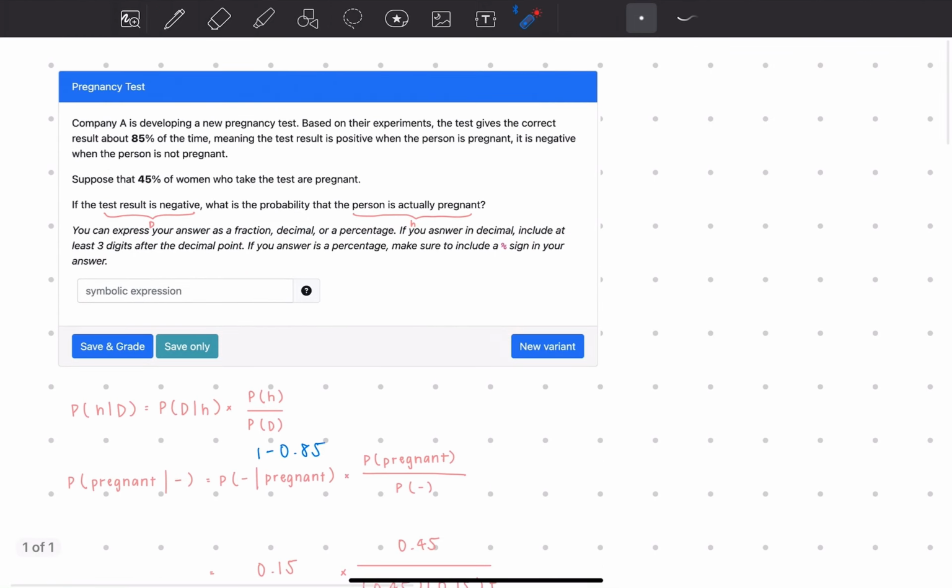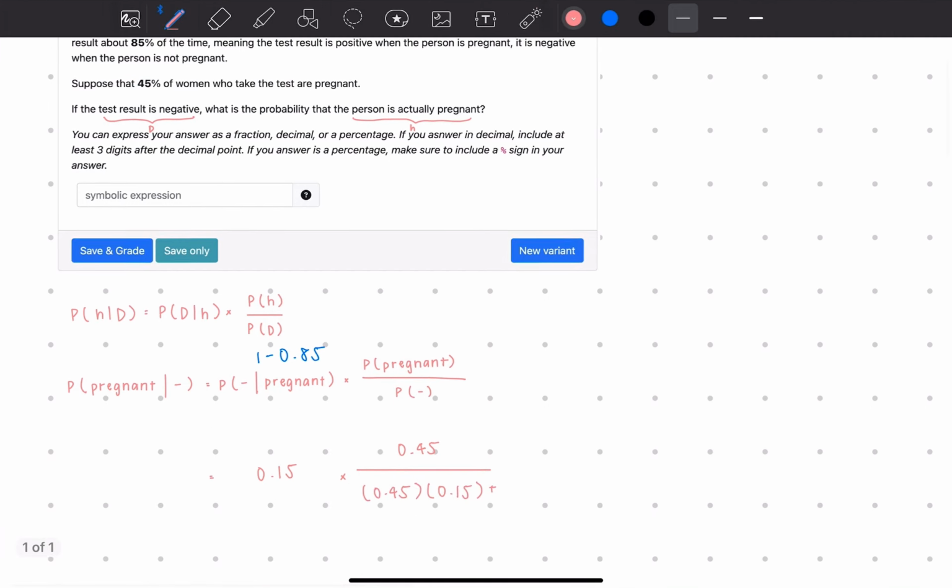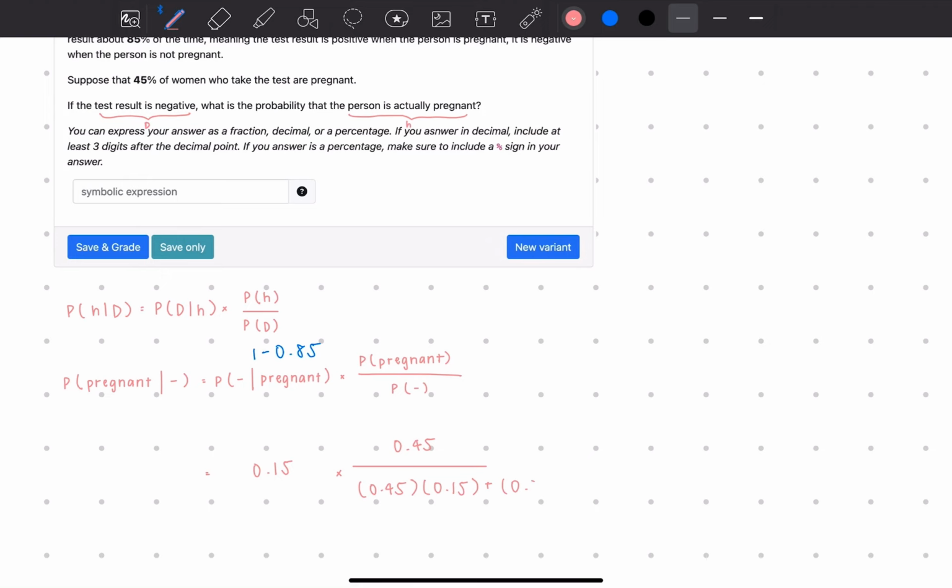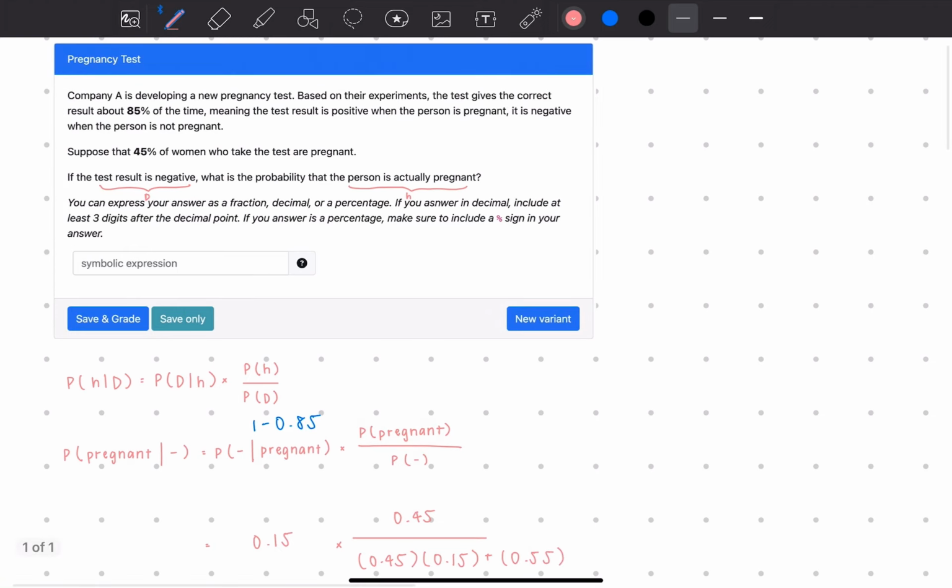Next, we want to consider women taking the test who are not pregnant. We do that by subtracting 1 minus 0.45, which is 0.55. And these women who are not pregnant are going to be correctly receiving a negative test result 85% of the time.